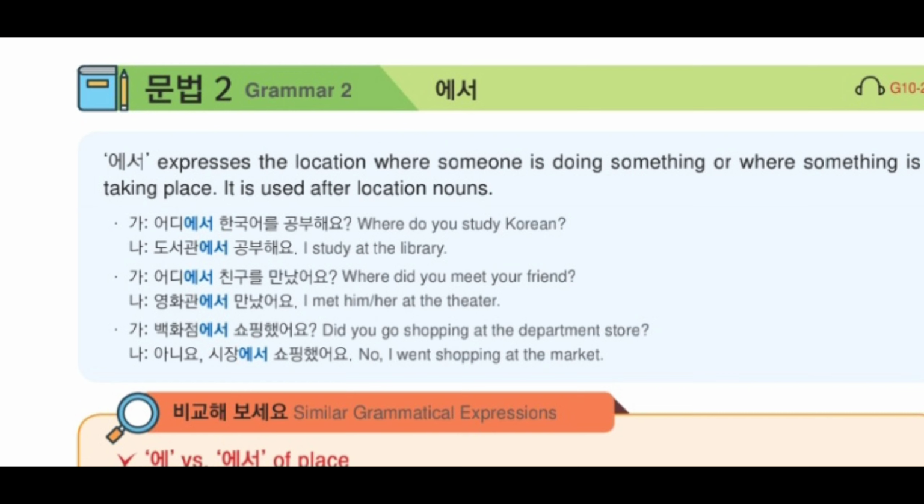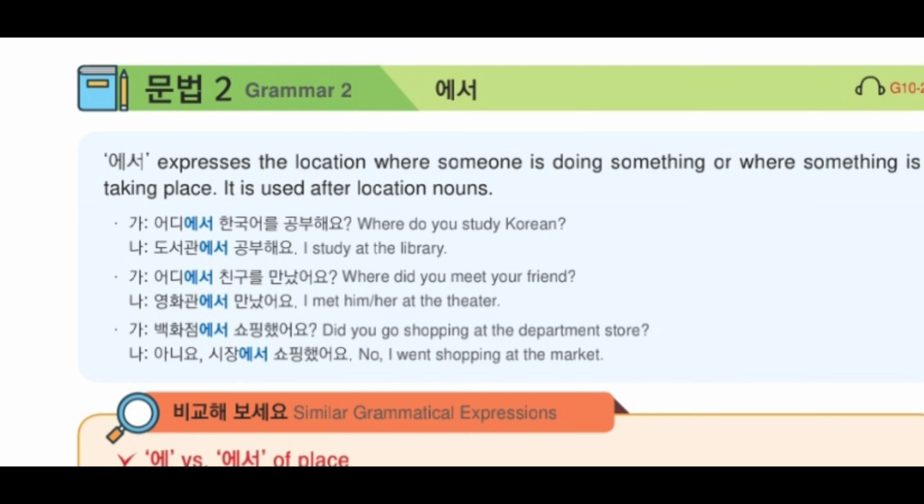What's the action that's taking place? Study. And where is it? At the library. Good. So what's the Korean word that means at in this sentence? 에서. Good. We use 에서 because of the action verb to study. Study. 공부해요. Now let's hear another example. 어디에서 친구를 만났어요? 영화관에서 만났어요.